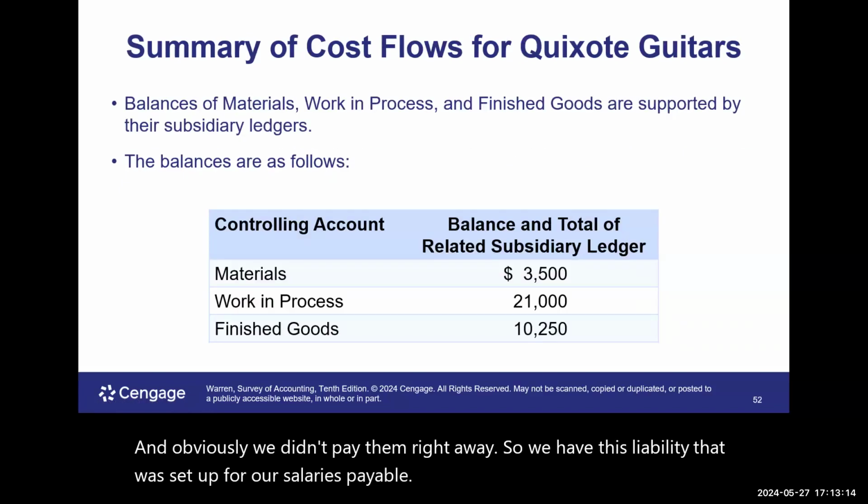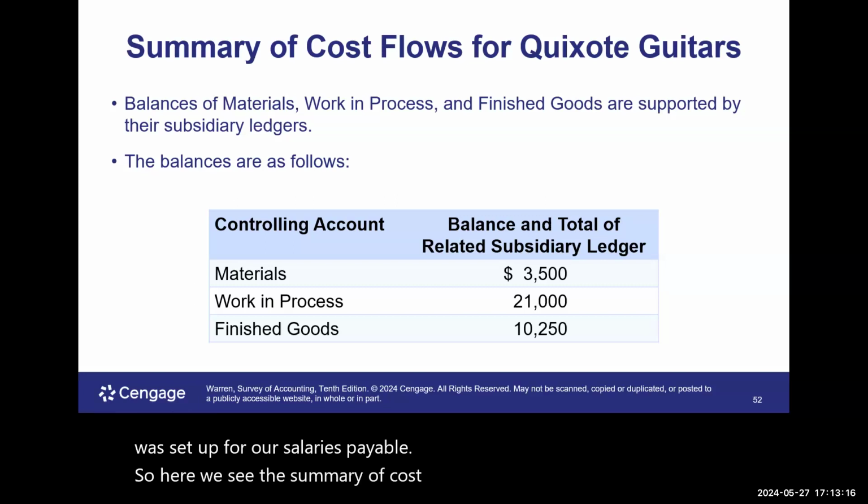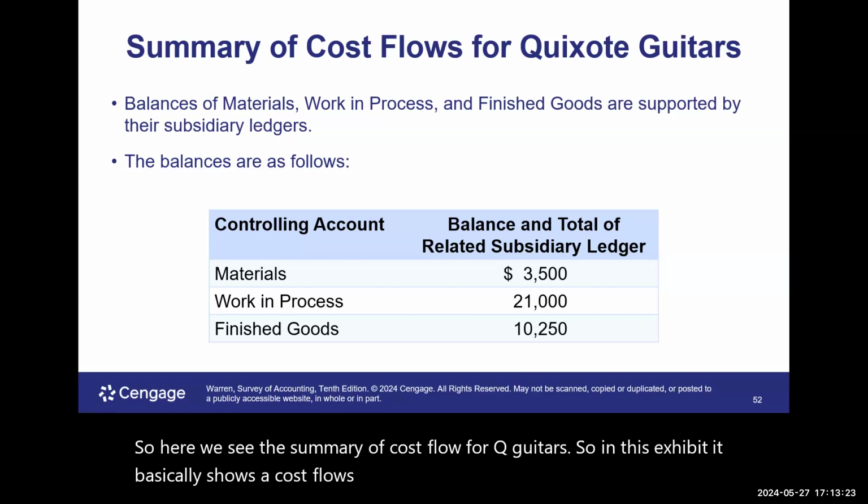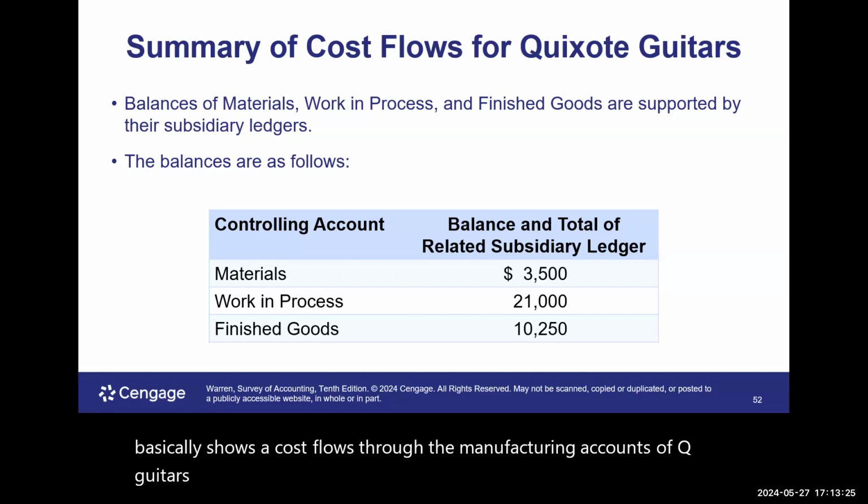So here we see the summary of cost flow for Q Guitars. In this exhibit, it basically shows the cost flows through the manufacturing accounts of Q Guitars for December. So increases are shown on the left side and decreases are shown on the right side of the account.